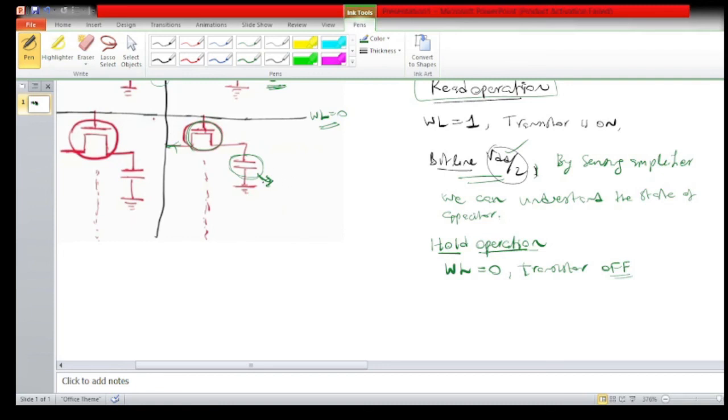And for this leakage, or this discharging, we have to refresh this capacitor, or the memory. We have to refresh the memory, which means that we have to recharge this capacitor after a few milliseconds.